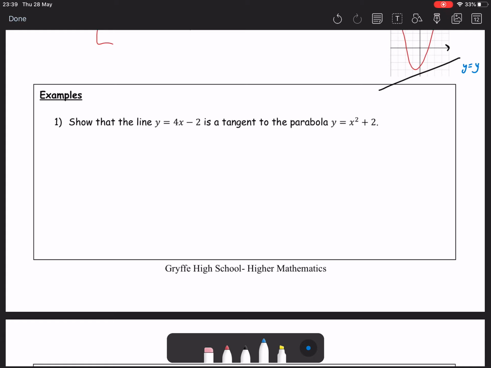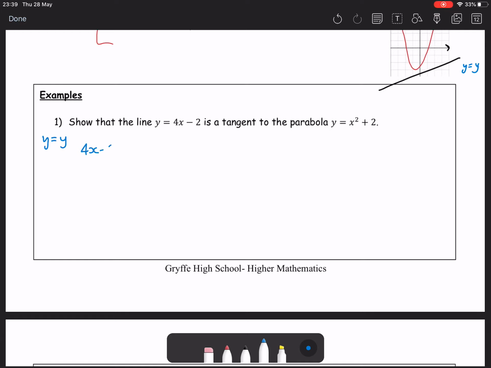So show that the line y equals 4x minus 2 is a tangent to the parabola y equals x squared plus 2. So I've got a line, I've got a parabola. What I'm saying is what happens when they intersect. So at the particular point, the line and the parabola are equal to each other.